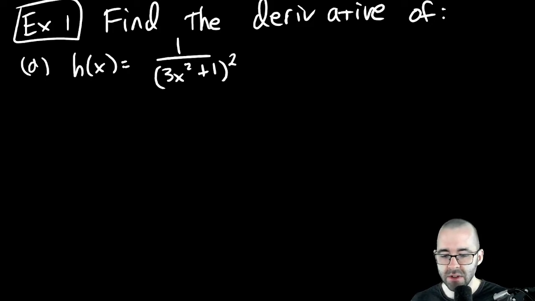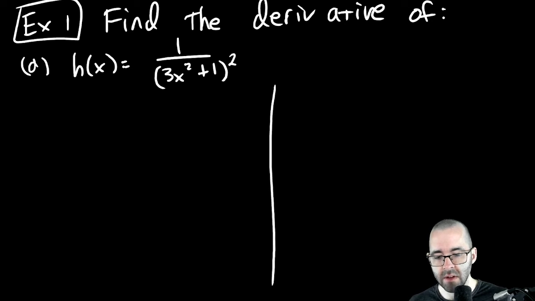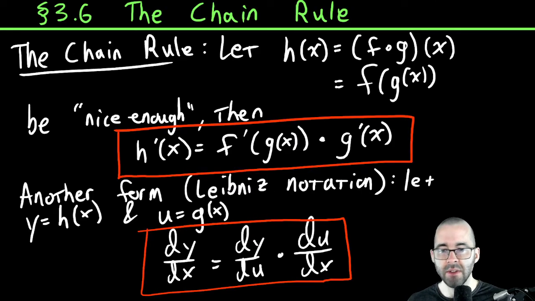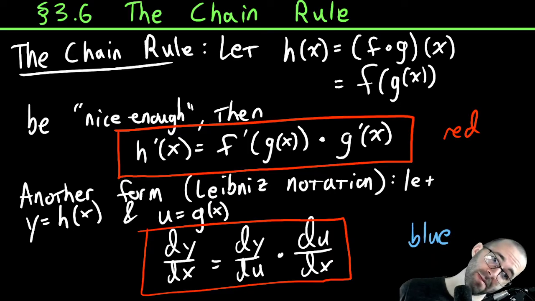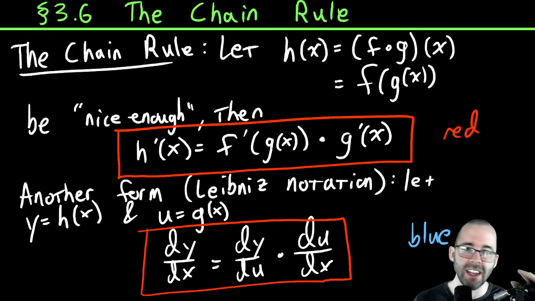We have an inside function, 3x squared plus 1, and an outside function, 1 divided by something squared. So there's a couple of ways of approaching this. Let's do it with 2 methods. Let's use this top method; the top method we'll do in red. The bottom method we'll show in blue. And we can compare.